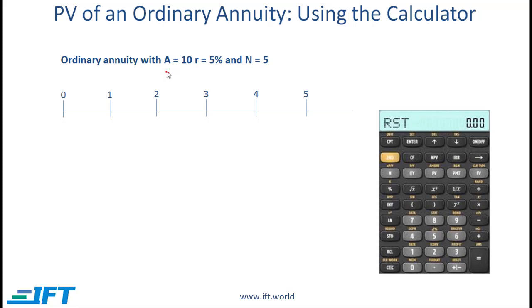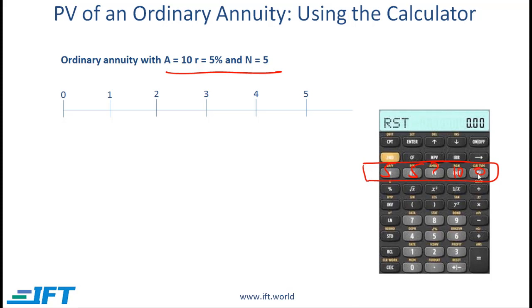It is the same annuity, and on the calculator you use the time value of money function. So you plug in n is equal to 5, the interest rate is also 5, the present value is what you'll be computing, the payment is 10, and the future value is 0.